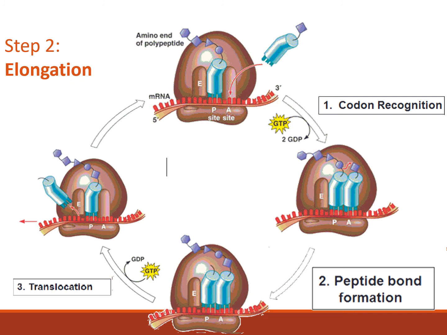And then that will open up the A site again so that we can continue reading the next 3 nucleotide sequence in our messenger RNA. Our transfer RNA with the anticodon that's complementary will attach. Then we transfer that chain of proteins over and the cycle continues.